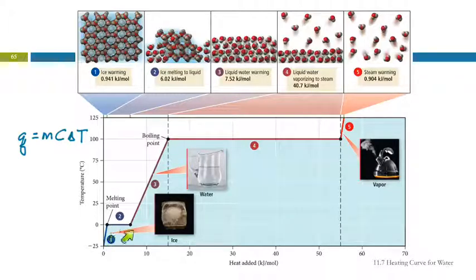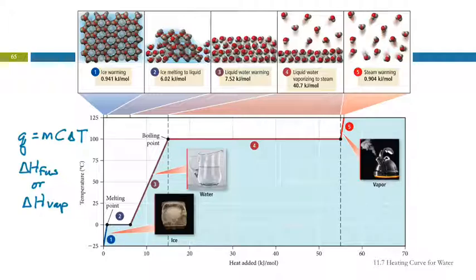When you get to a flat place, you're going to use either the heat of vaporization or the heat of fusion. This is melting, and so you'll use the heat of fusion. And you'd multiply by the amount of substance in moles.